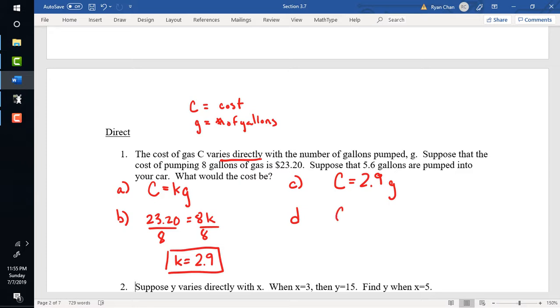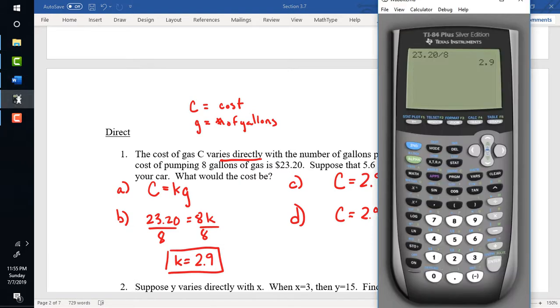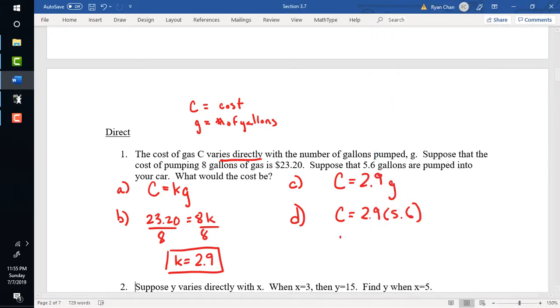So all I do is I plug 5.6 into G, and I just solve for my answer. 2.9 times 5.6. So C is equal to $16.24. Okay, make sure you label what your answer is going to be in terms of what units or what labels. But under that, that's it.